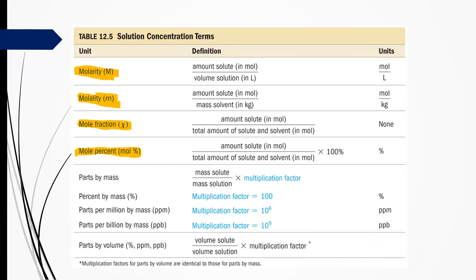Now, parts by mass can be either our mass percent, or it can also be in terms of ppm. You don't have to worry about ppb. We can also think about ppm and how it might be related to volume as well. With our concentrations, things can become a bit complicated, so you really want to practice these, which is why we will be doing a problem-solving session where we can practice working on solving these types of problems.